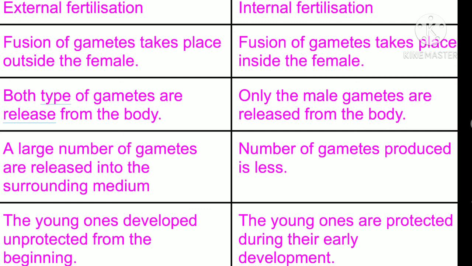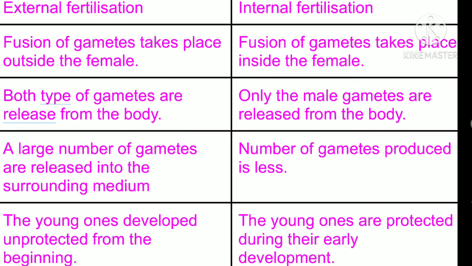In external fertilization, both types of gametes are released from the body because they need a surrounding medium. So both the male and the female release their gametes outside the body. But in internal fertilization, only the male gametes are released from the body into the female reproductive tract.